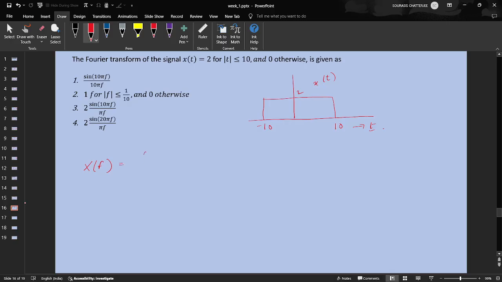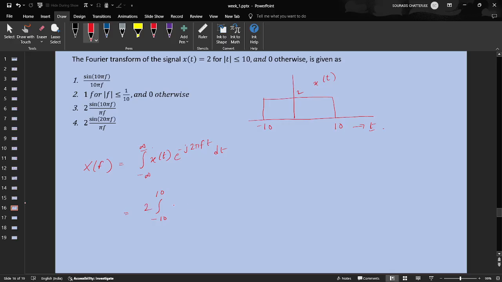We have to apply the following formula: the integral from minus infinity to infinity of x(t) e to the power minus j 2 pi f t dt. Here we integrate from minus 10 to 10, because outside this interval it is 0. x(t) takes a value of 2, so 2 can go outside.